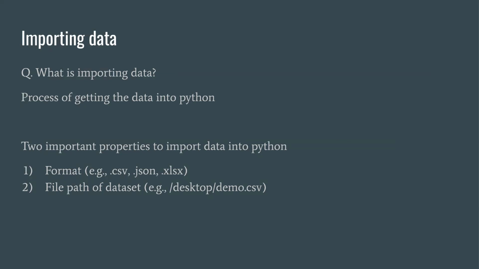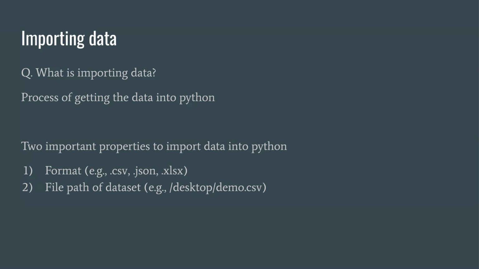So, importing data. In order to read any data using Python's Pandas package, there are two important factors to consider: format and file path. Format is the way data is encoded.